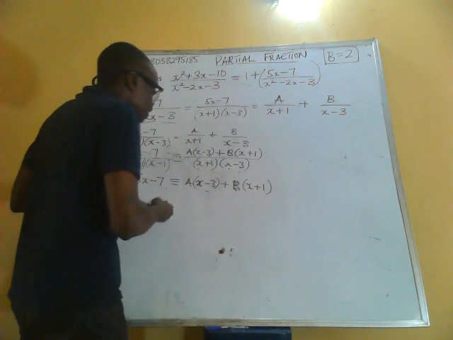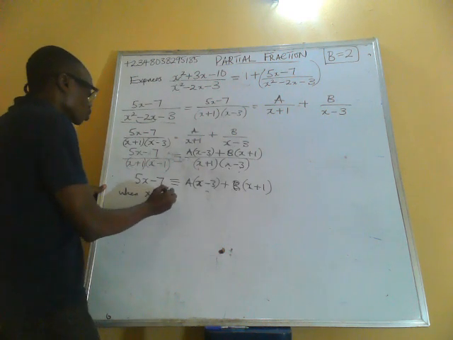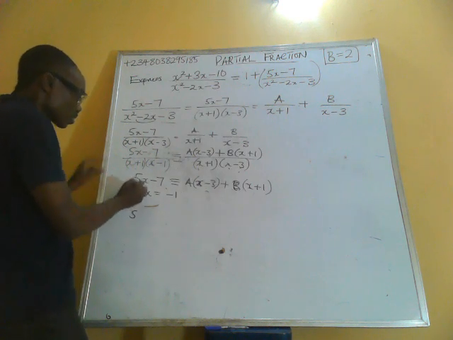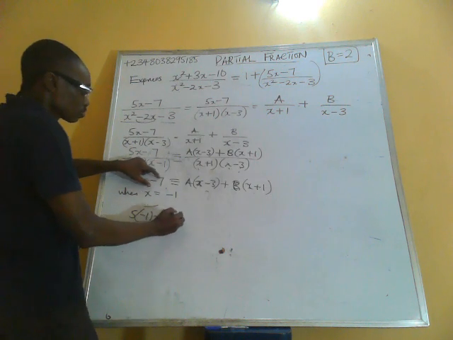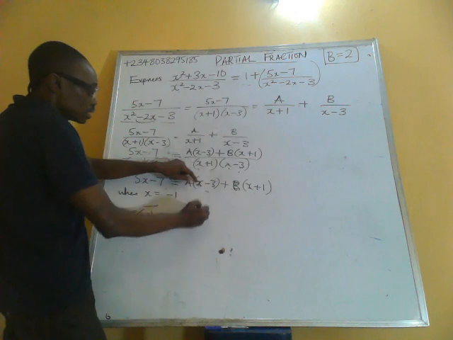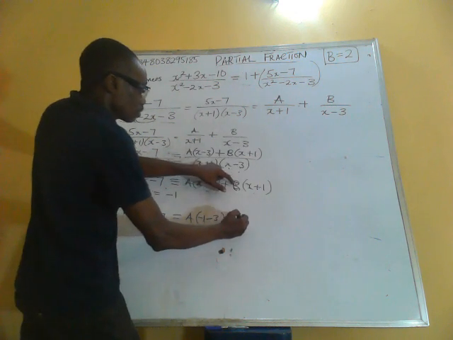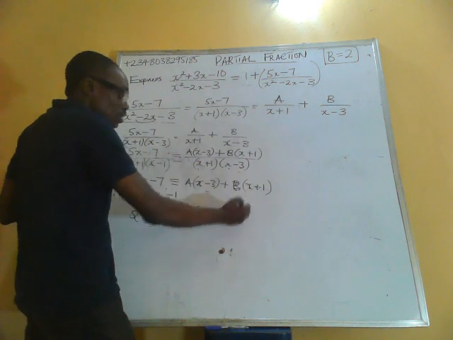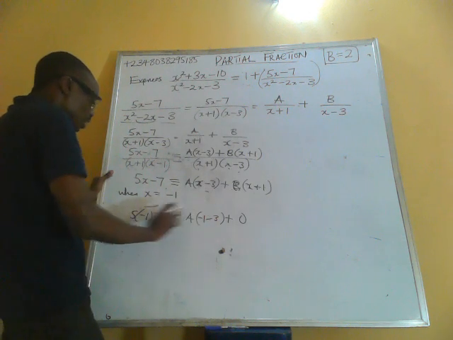So when x is equals to -1, you have 5 times -1 minus 7 is equals to a, x is -1 minus 3 plus, this is -1 plus 1, which is 0. 0 times b, you have 0. So no need of writing all those ones anymore.